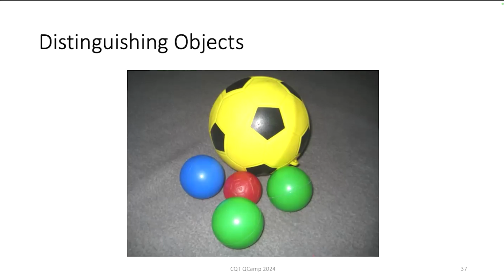Color, texture, size. So we can distinguish objects by looking at their physical appearance, by differentiating based on the physical quantities of their attributes.